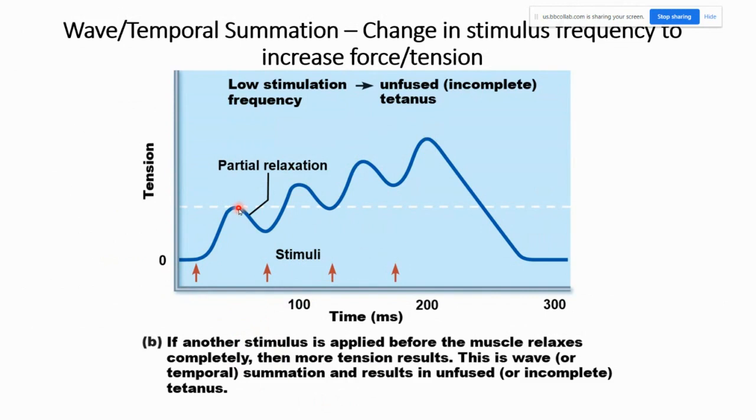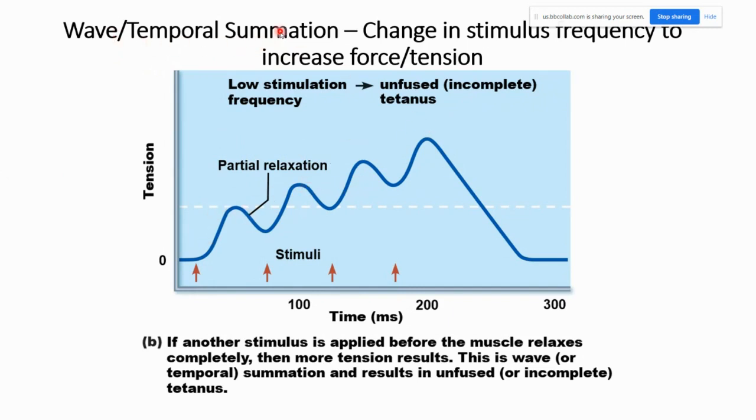So before a muscle can completely relax, we can build on that contraction, increasing the tension in the muscle. This is called wave summation, and summation means adding on each other. So we get these waves because one contraction's added to the next, right?